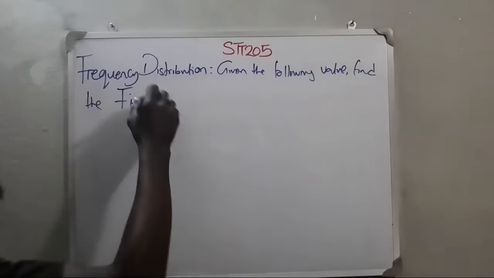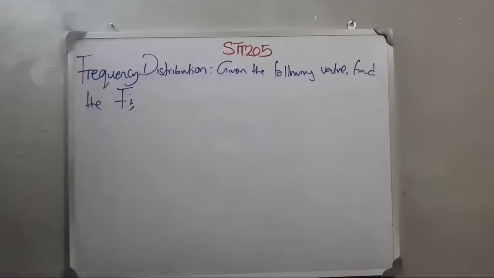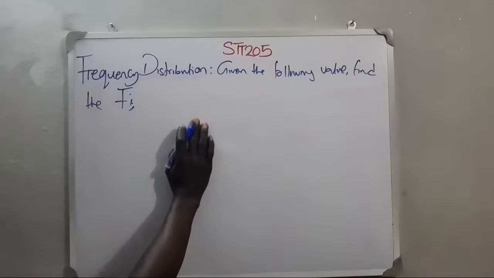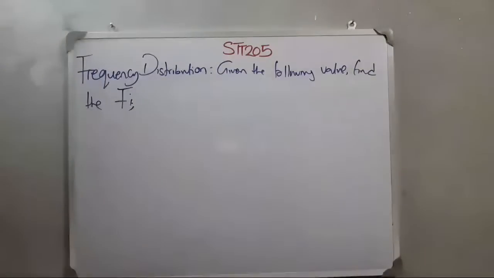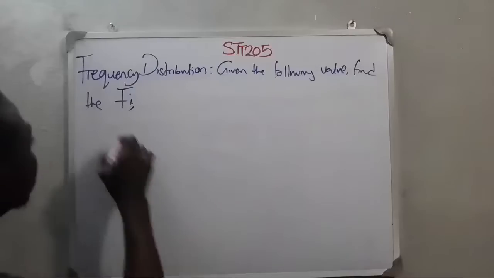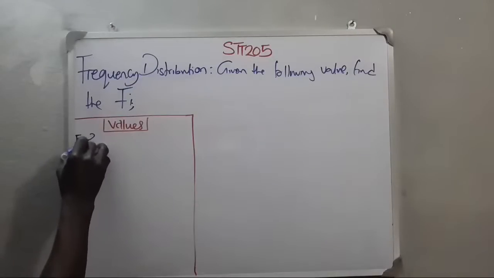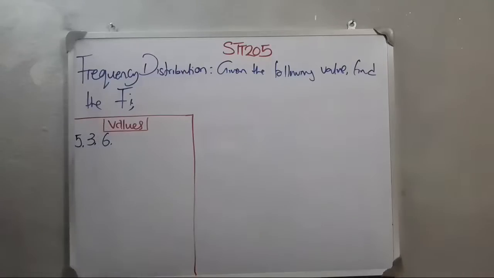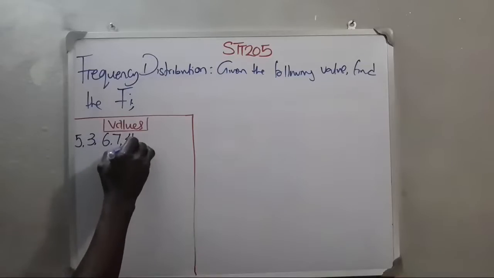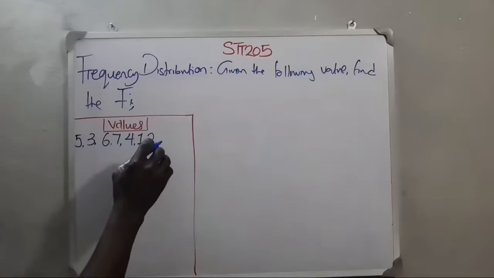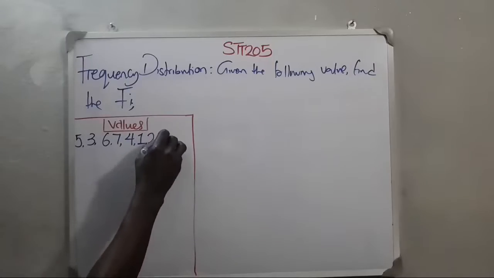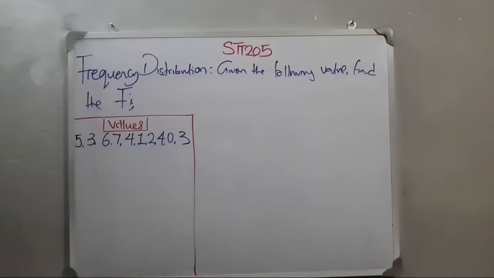So now the values are, let me sketch the values here carefully. 5, 3, 6, 7, 4, 1, 2, 4, 0, and 3.